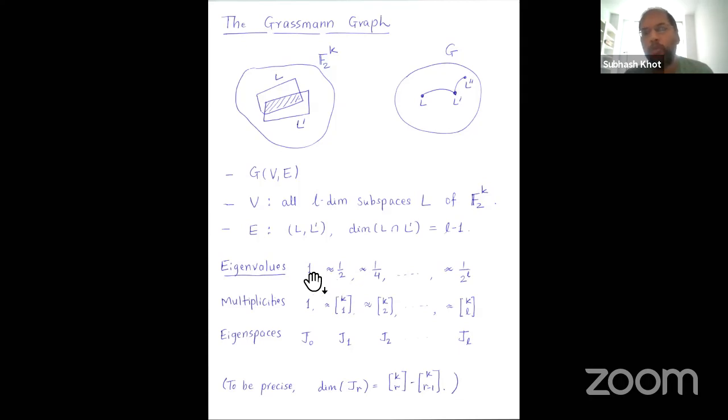The topmost eigenvalue is, of course, 1, as always, and then 1/2, 1/4, all the way down to 1/2 to the l. Their multiplicities are, roughly speaking, 1, then the number of one-dimensional subspaces of the global space, the number of two-dimensional subspaces, all the way up to the number of l-dimensional subspaces of the global space of dimension k.